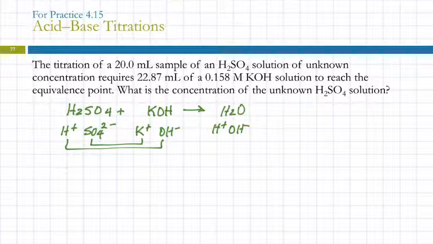And then the other one is going to be potassium and sulfate. When we look at the charges, this is -2, that's +1. So we need 2 potassiums to balance the charge on 1 sulfate ion. Any questions?